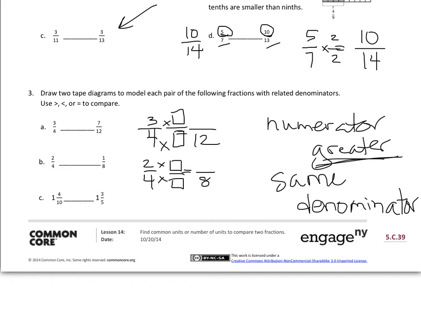Here you can leave the mixed number and leave the whole number alone. Change fifths into tenths. Those rules will help you and your student work through these problems. So when we're looking at the same denominator, it's the larger part that would be the greater fraction.